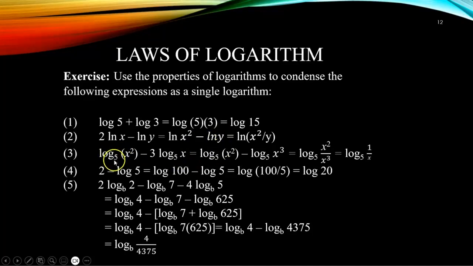Similarly, for number 3, do take note that they have to have the same bases for you to combine them. Some of you might ask, what about number 4? Number 4 is just 2 minus logarithm of 5. There's no base written there.